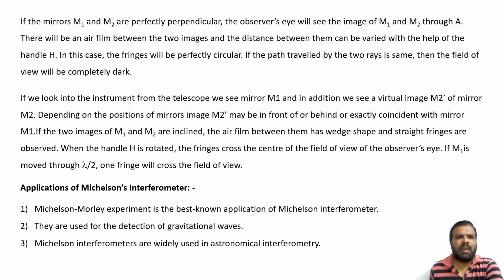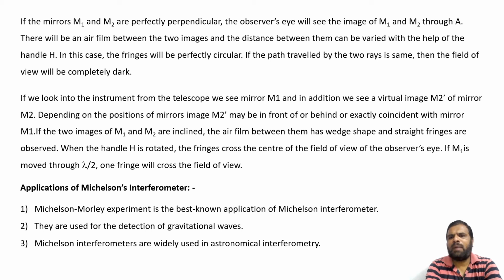If the mirrors M1 and M2 are perfectly perpendicular, the observer's eye will see the images of M1 and M2 through A. There will be an air film between the two images, and the distance between them can be varied with the help of the handle H. In this case, the fringes will be perfectly circular.